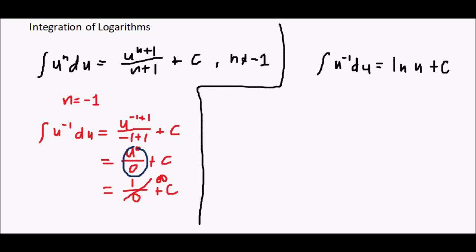Or to rewrite this, the integral of 1 over u du is equal to ln u plus c. So how do we arrive at this formula?